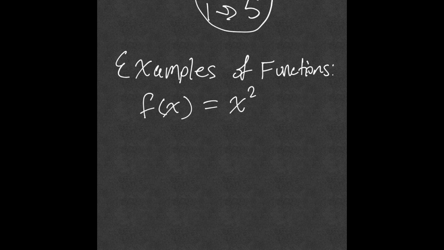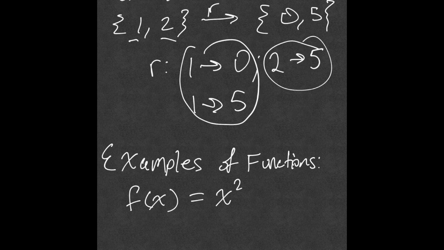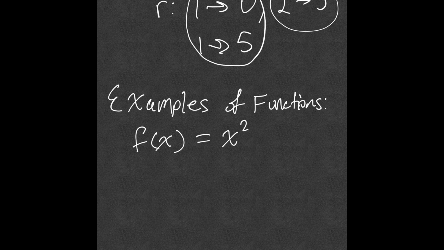Okay, so here's a function, and it's a function because, again, using that same definition, every element, and so again, it's a little hard to talk about why this is a function without defining what my sets are, like what's contained in them. And so usually we use the convention of the real numbers, which is written this way. And so for every real number that I choose to put inside of this function, I always just get one single output. Okay? And that's true.